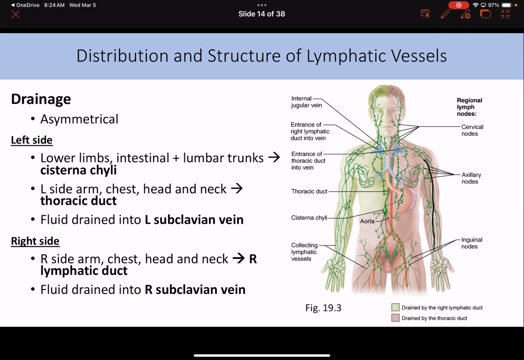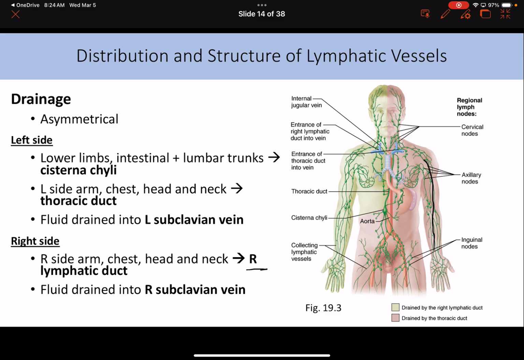For the right side, it's a little bit easier because we've already done the abdomen, we've done the back, we've done the lower legs. All of that was handled on the left side. So the right side is a much shorter pathway. It's just the right side, arm, chest, head, and neck. All of those drain into what's called the right lymphatic duct, and then that goes into the right subclavian vein. Okay, so right arm, right chest, right head and neck.